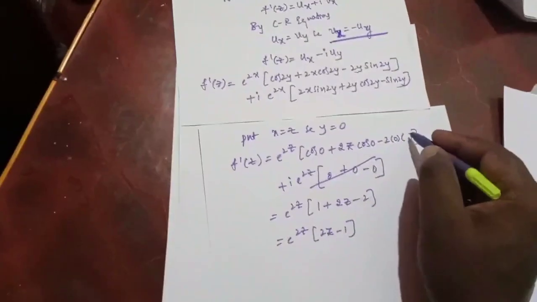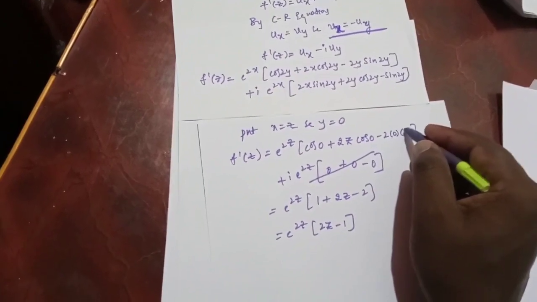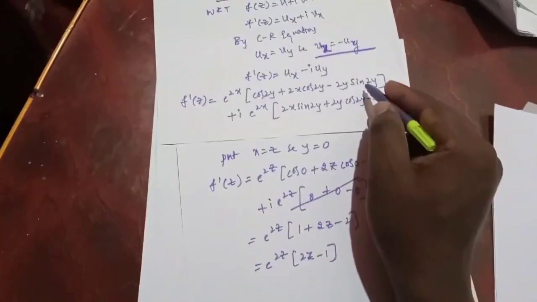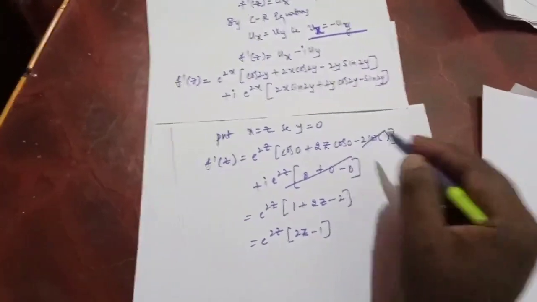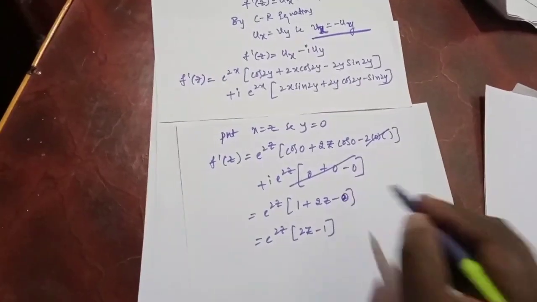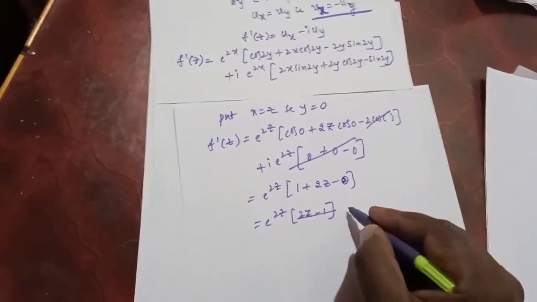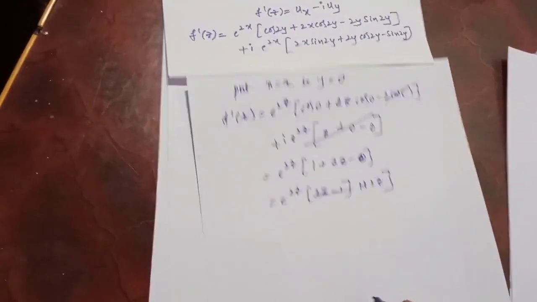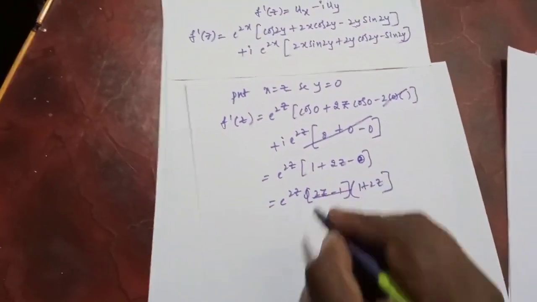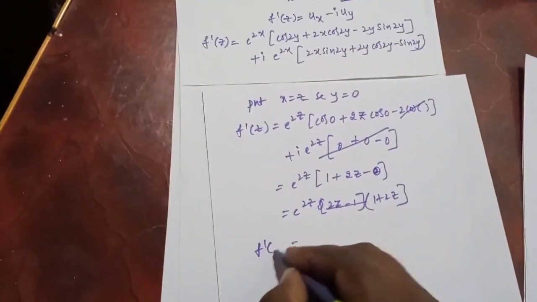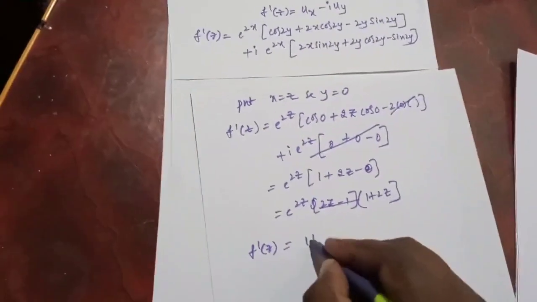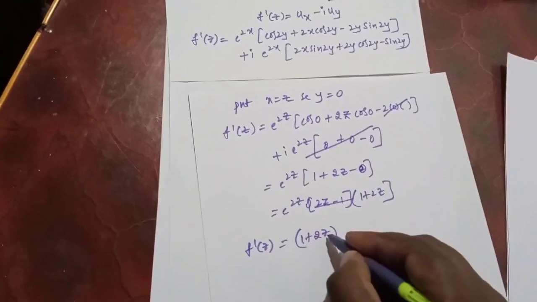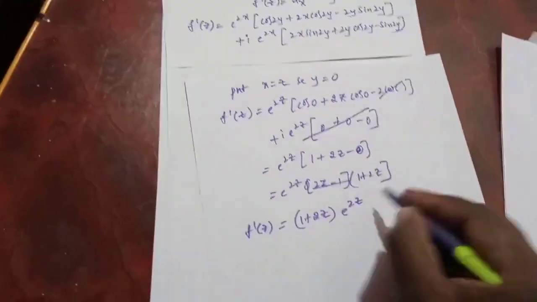Oh sorry, this is 0 into anything is 0, here also sin 2y is there, so sin 2y is 0. So here this is 1 plus 2z. Here this is our f dash of z. F dash of z is 1 plus 2z into e power 2z.